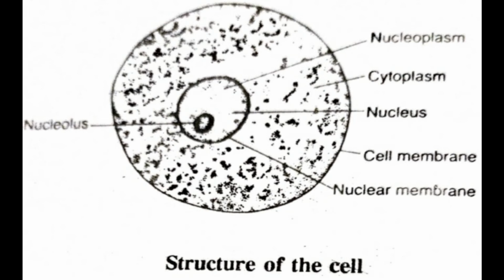Next one is ribosomes. Ribosomes are minute granular particles in the cytosol and are composed of a mixture of ribonucleic acid, or RNA, and proteins, and they function in the synthesis of protein in the cell.